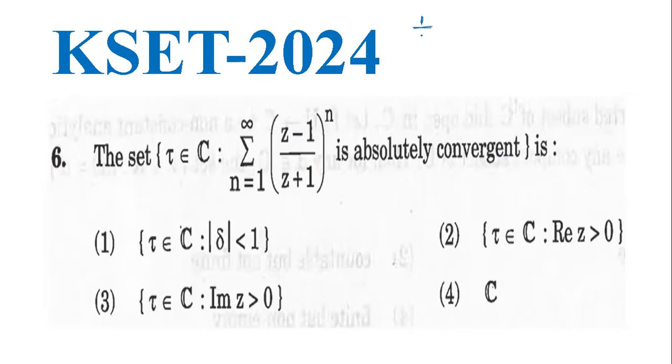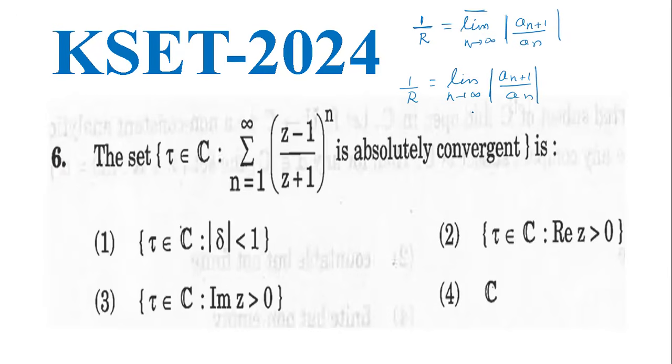for a power series, the radius of convergence: 1 by R is equal to the limit as n tends to infinity of the supremum of modulus of a(n+1) divided by a(n). Or else we simply write 1 by R is equal to limit n tends to infinity of modulus of a(n+1) divided by a(n).